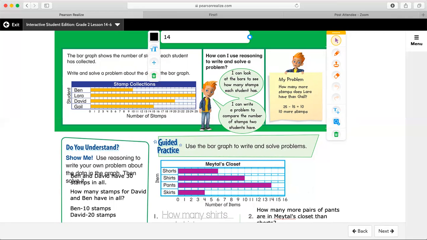So my equation is going to say 14 minus 6 equals. When we do subtraction, remember we take the biggest number minus the smaller number. So we're going to subtract 14 minus 6 and get 8. So there are 8 more pairs of pants. And that's all the information that you need to do this work for these kind of equations.